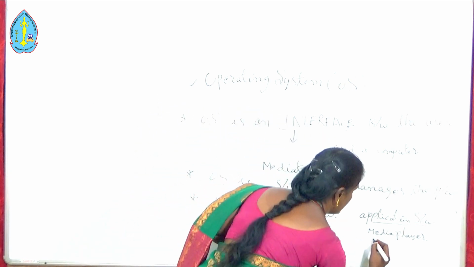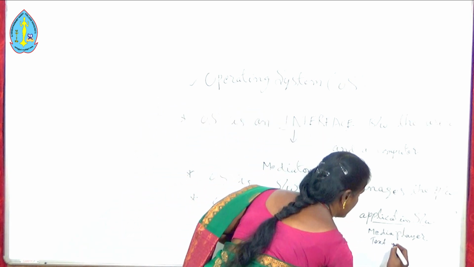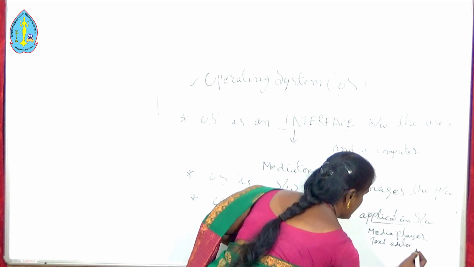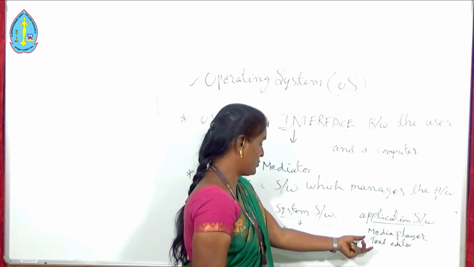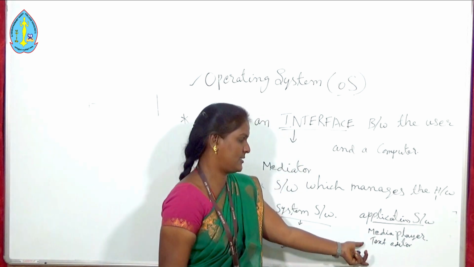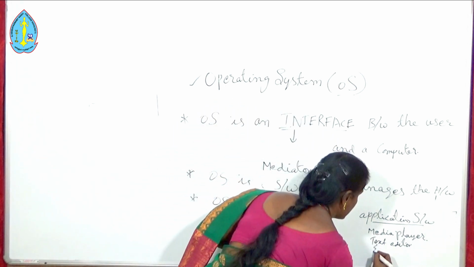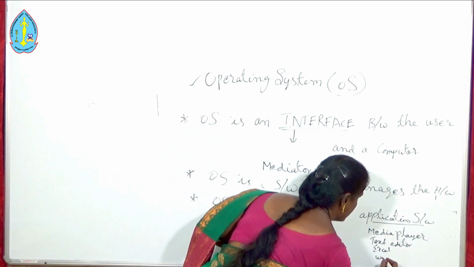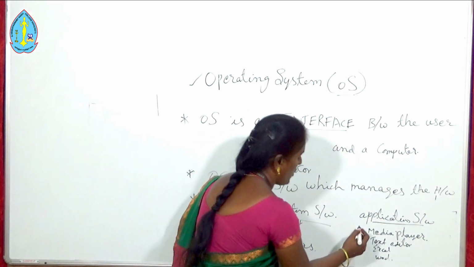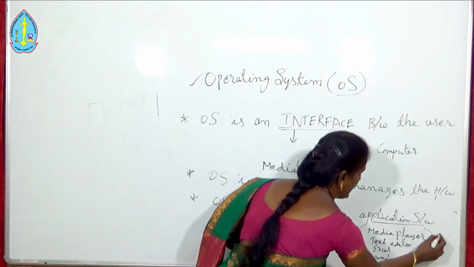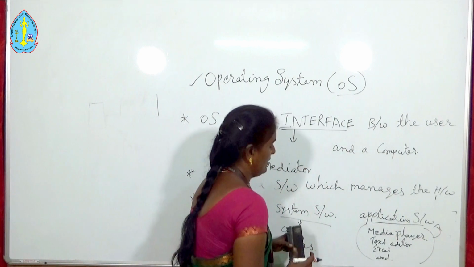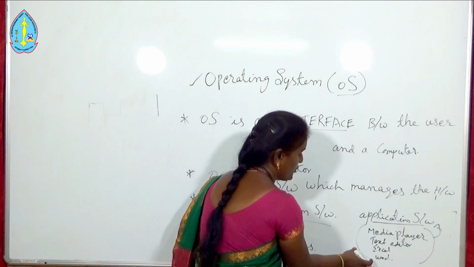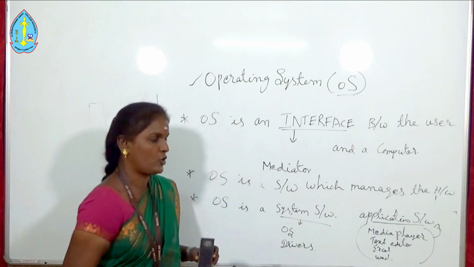Next, the example is text editor. This software is used for writing the text, and like Excel, Word. These all are nothing but application software. This application software is used to perform a particular task.